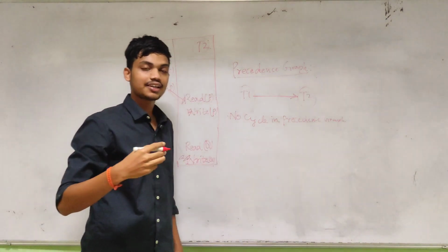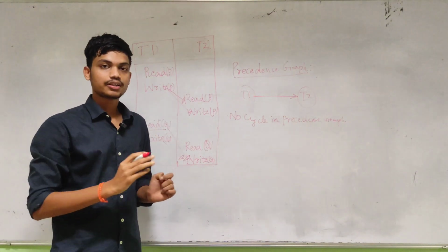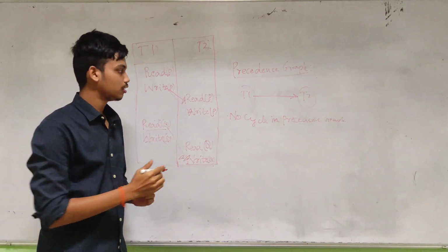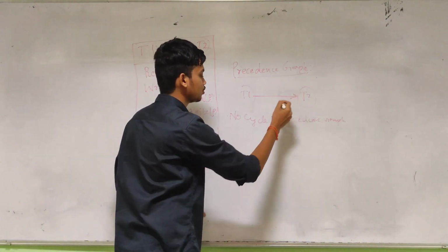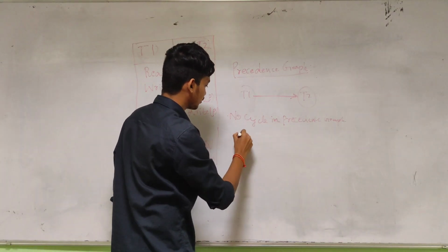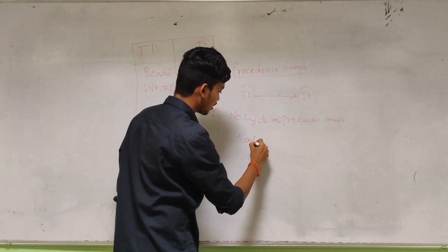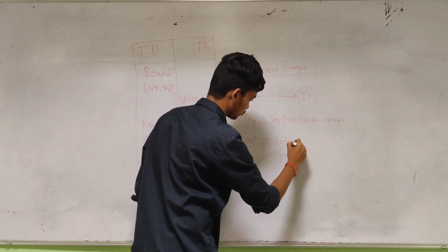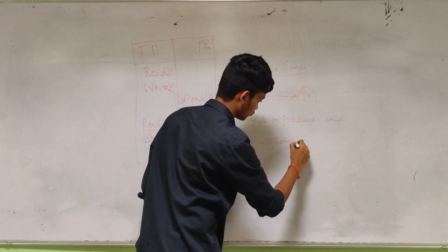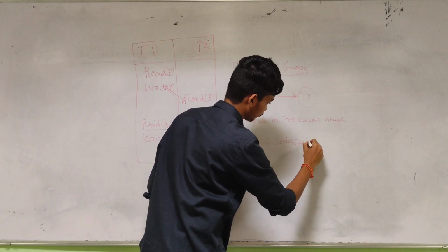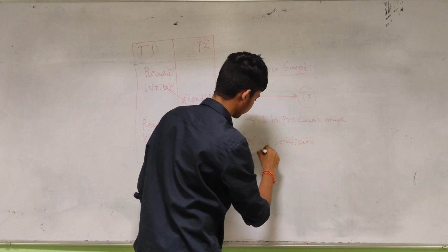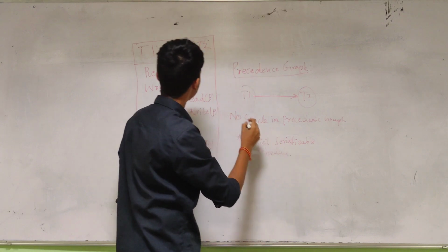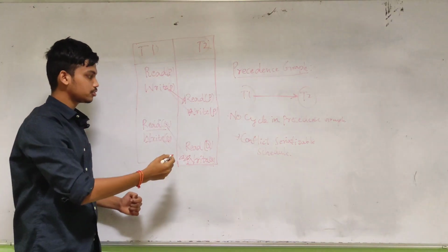If any cycle comes in the precedence graph, then we say that the schedule is not conflict serializable. But here there is no cycle, so this is a conflict serializable schedule.